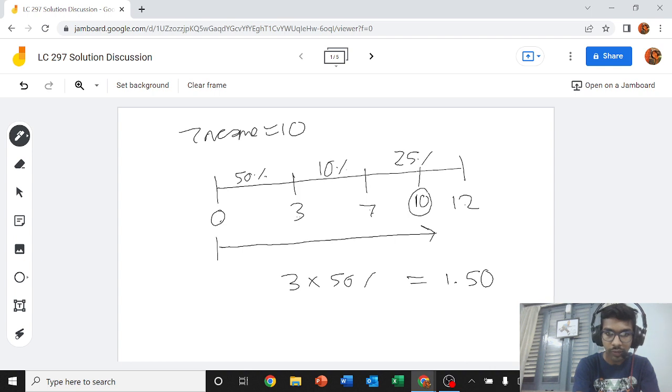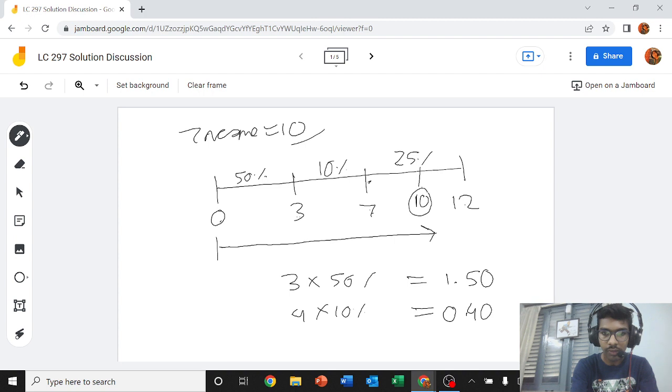Then 3 to 7 we have got 4 values. We are paying it at 10%, so this is going to be 0.4. And 7 to 12 we got 12 minus 7, 5 values. But here's a trick: we don't need to consider this whole interval. We only need to determine the tax up till the amount 10 because 10 is the given income.